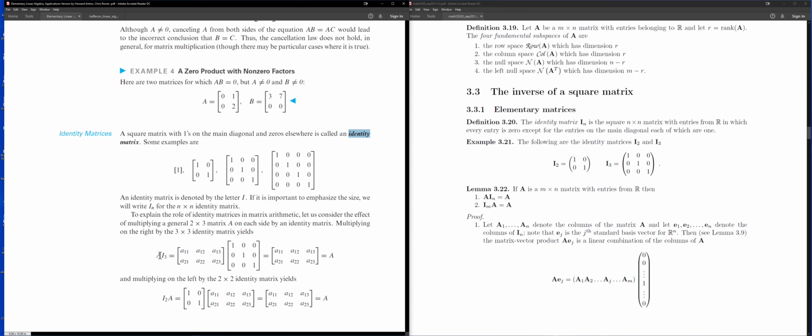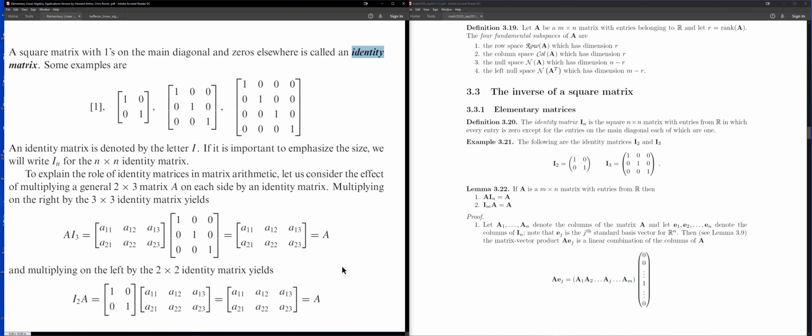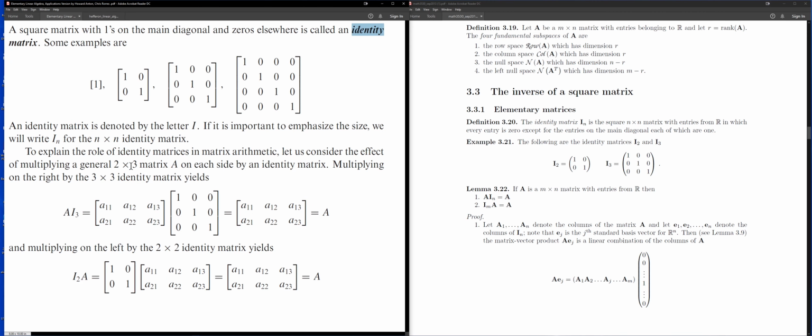So for example, this matrix A over here is 2 by 3, and I'm multiplying it by an identity, and I'm going to get back the same matrix A, right? So that's an example of what I'm saying here, right?